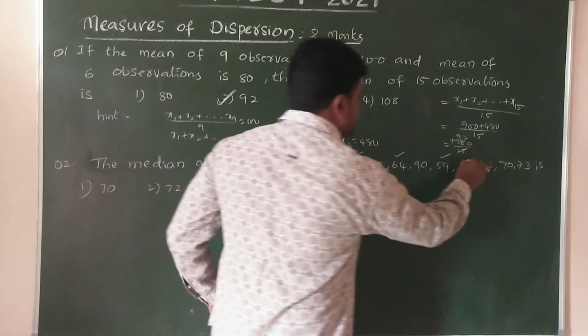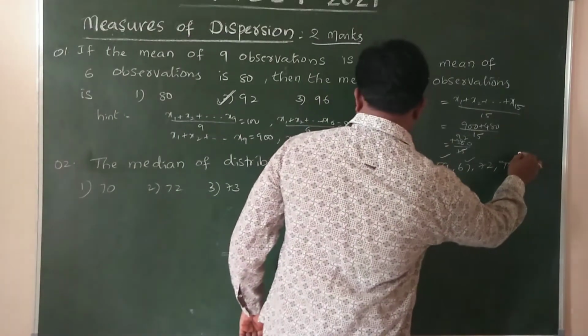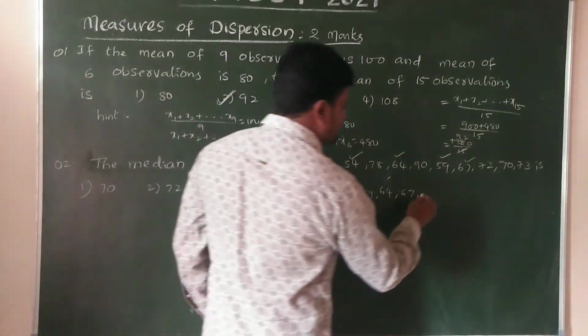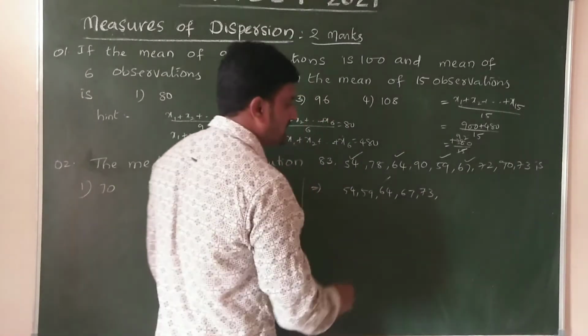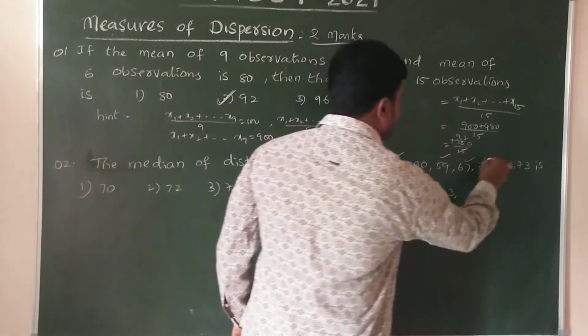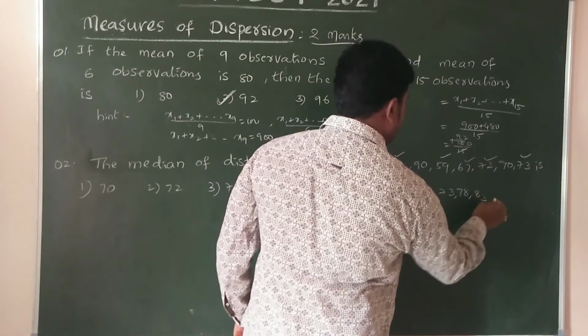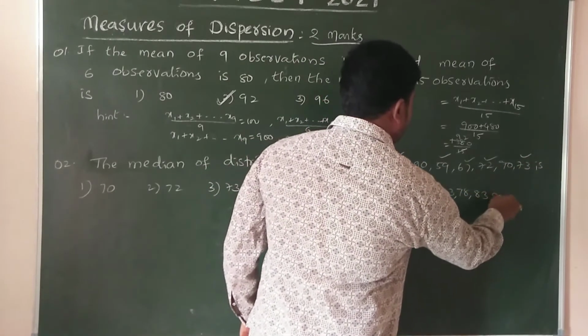And 67. After that 70, 72, then 73. Okay, then 78, 83, 90.